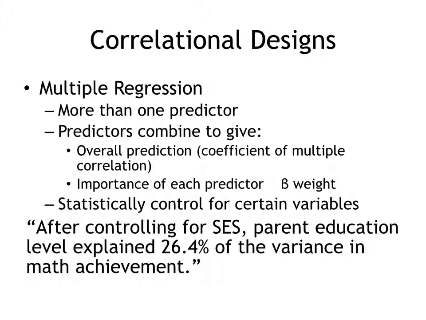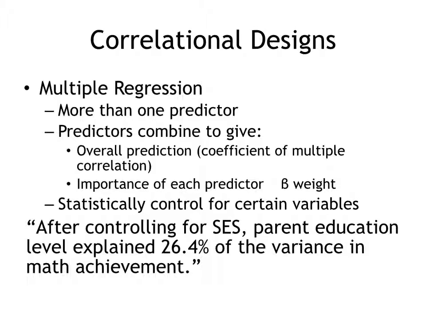Remember, we had a correlation coefficient that shows the relationship just between 2 variables. But this is showing the relationship between a group of variables and an outcome. Further, we can go deeper and we can actually extract the importance of each of those predictors in the combination. And that symbol is a beta, and it's called a beta weight.